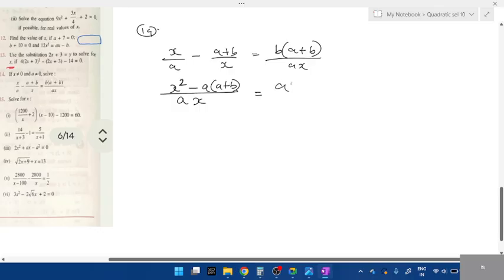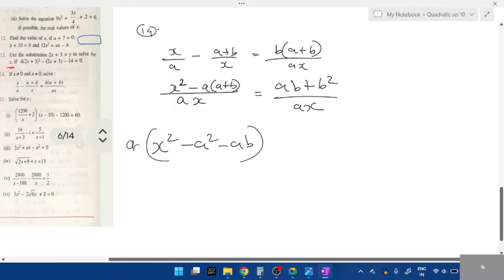Next, if you open the bracket AB plus B, what's the value? Now open the bracket. What you'll get? Minus A square minus, yes, divided by AX. Now instead of writing like this, I'll just shift it. AX here.